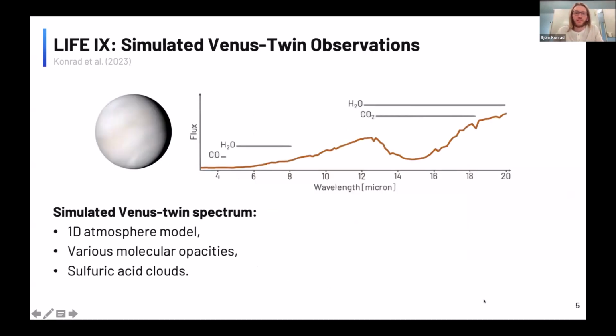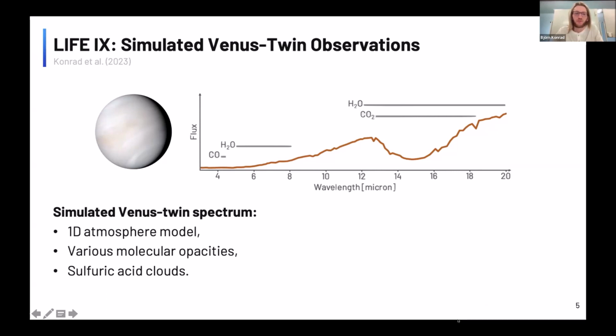So what we did in the study is we first modeled the emission of a Venus-like atmosphere. We used a one-dimensional atmosphere model and then calculated the spectrum using petitRADTRANS.